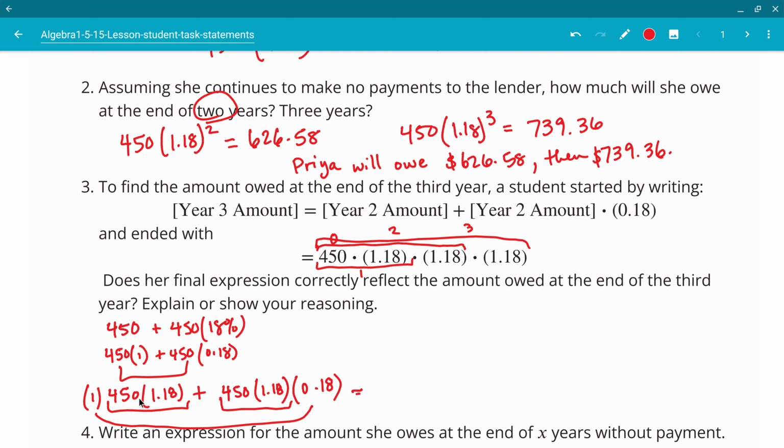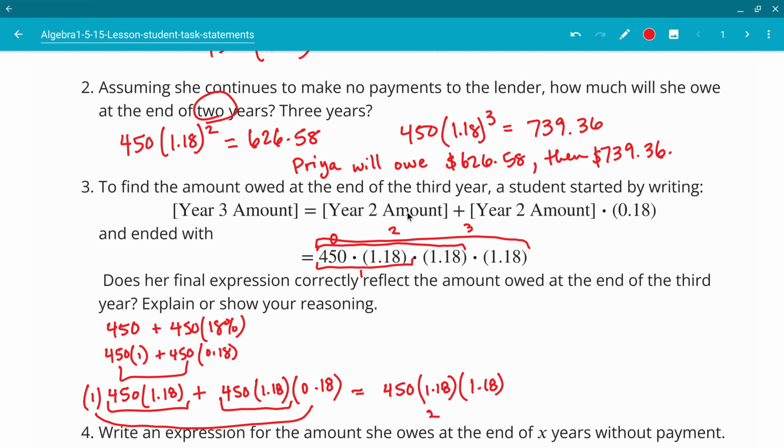So this becomes 450 times 1.18 times 1 plus 0.18, which is 1.18. And now we have this expression for year 2. That's the year 2 amount right there.